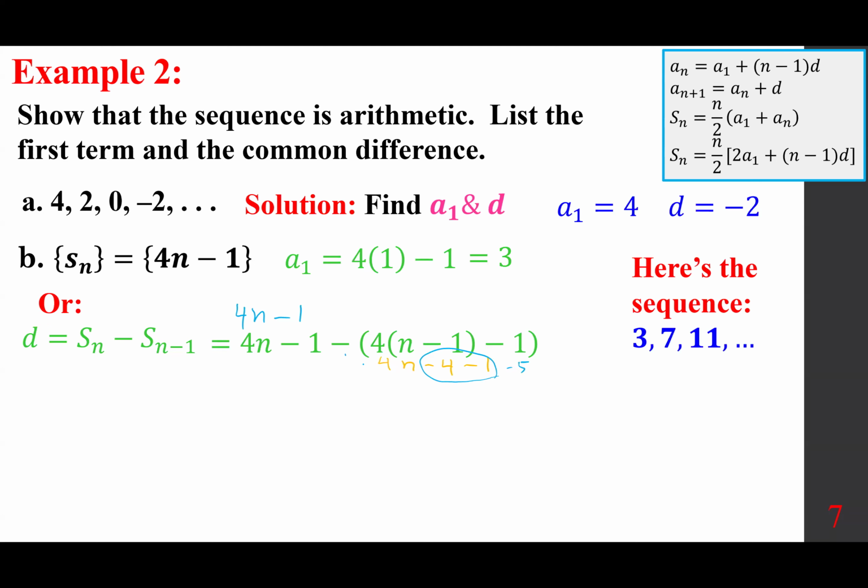This is minus 5. So we apply the negative, becomes minus 4n, and minus 5 is plus 5. And these two cancel each other. Negative 1 and 5, they add up to 4.